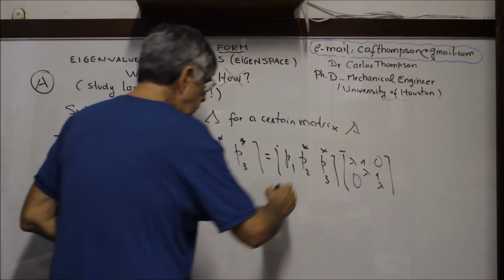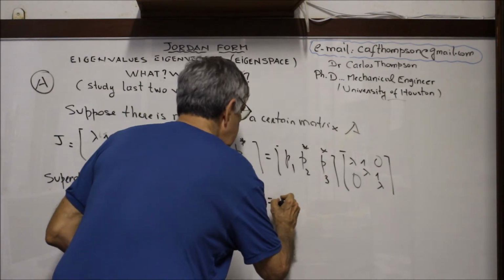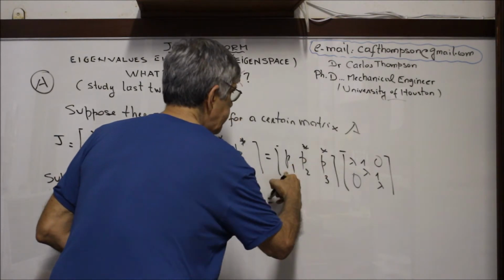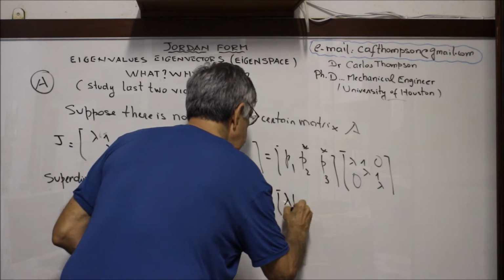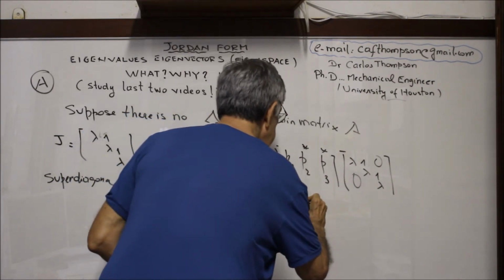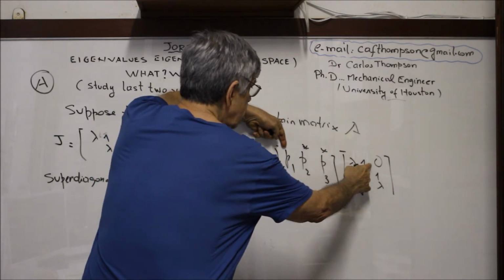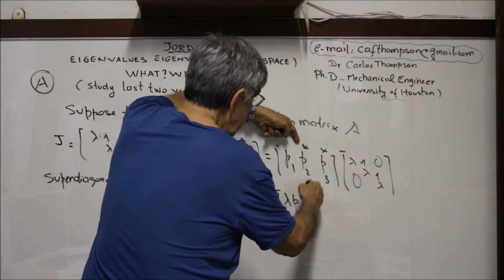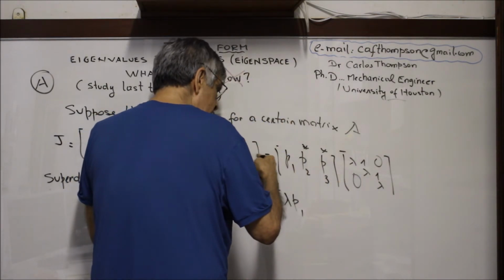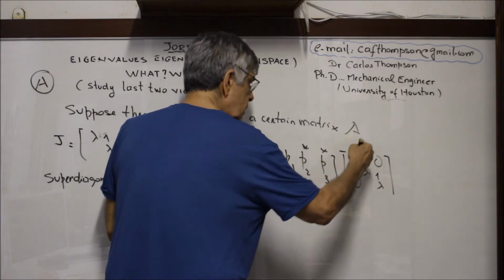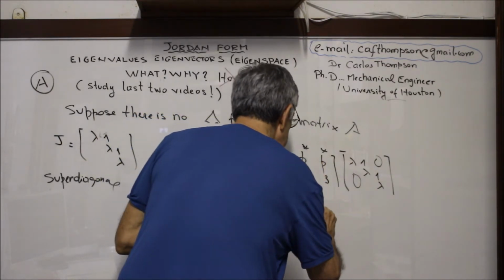Now, let's expand this. This is equal to lambda P1, lambda P1, and here it's P1 plus lambda P2. When I multiply this row by this column, what do I have here?